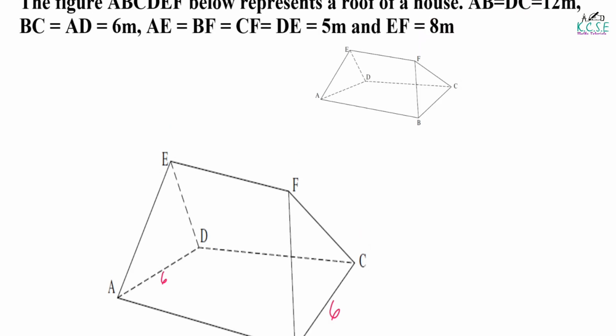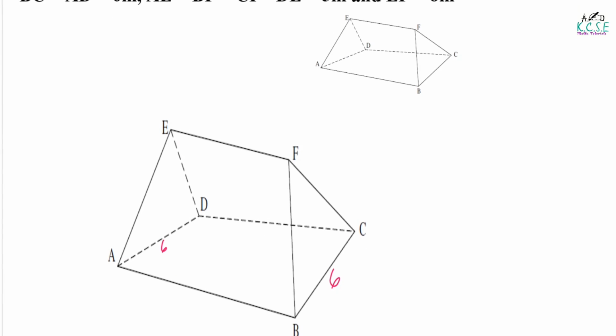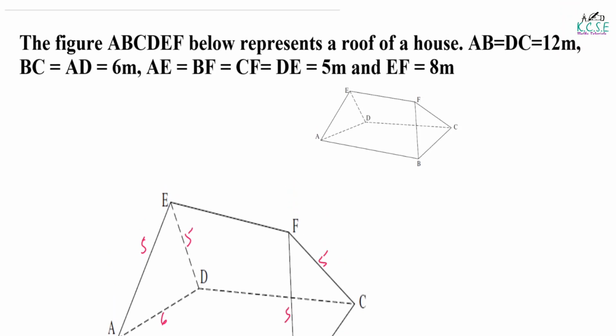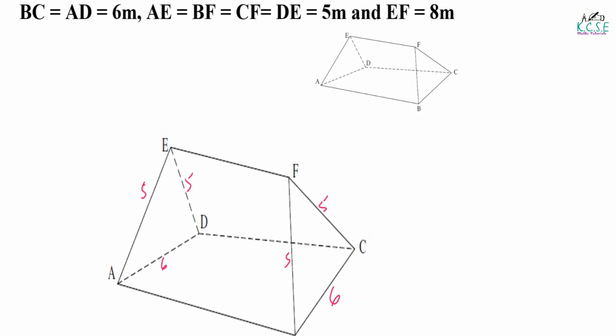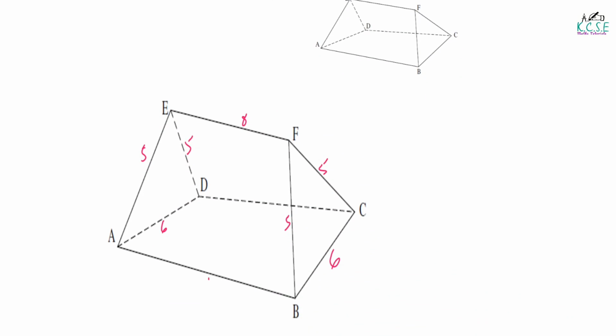We have another measurement: AE, BF, CF, DE are equal to 5, so this is 5, this is 5, this is 5, this is 5. Then EF is 8, and AB is 12, so this is 12 and this is 12. So those are the measurements. Now let's go to the first part of the question.